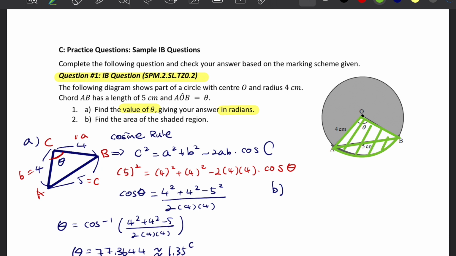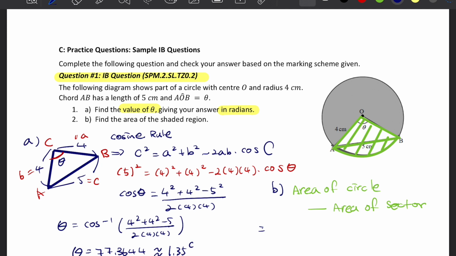What we need to do is first identify the area of the circle and subtract the area of this sector. Then we can identify the area of the shaded region.